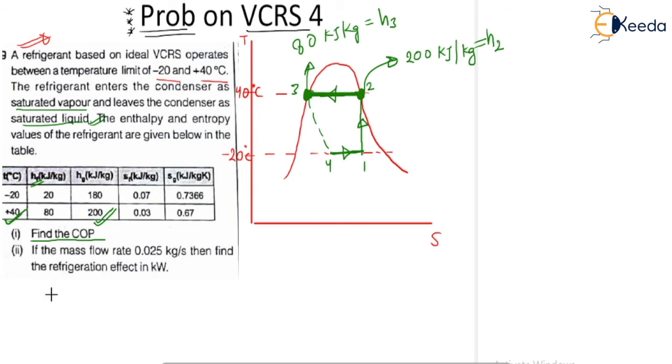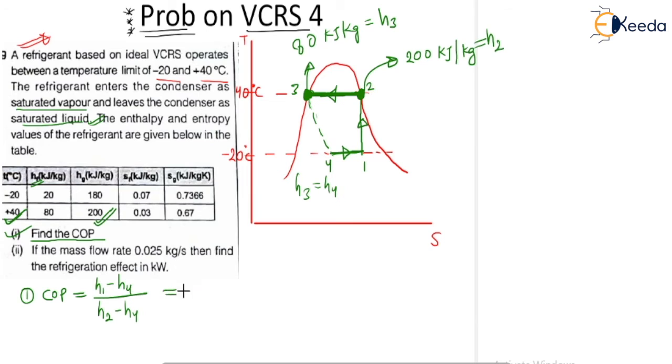So, my dear friends, as per the COP formula, we need to apply the COP formula, and the COP value is nothing but (h1 minus h4) upon (h2 minus h4). And here h4 is also equal to h3 because this is the isenthalpic process. So h3 is equal to h4.